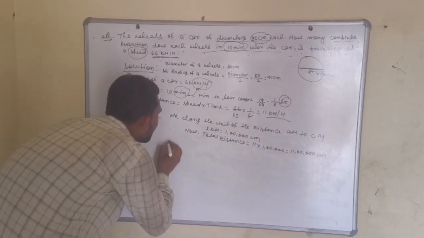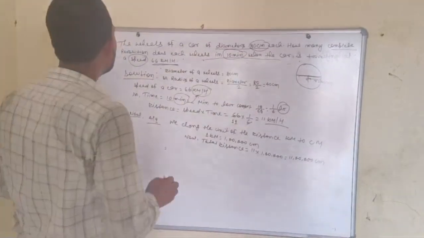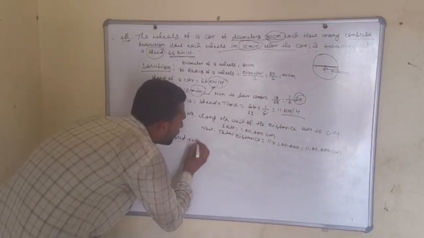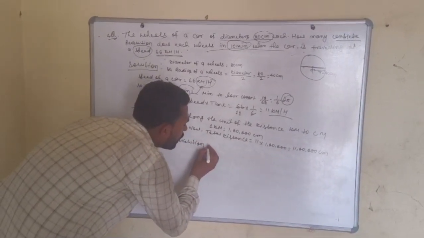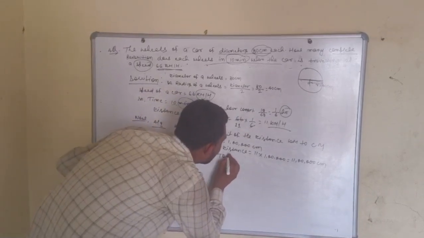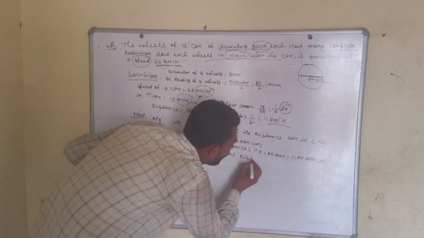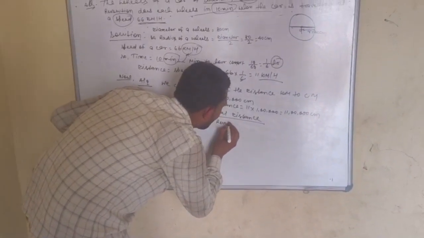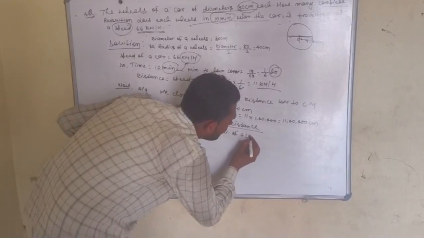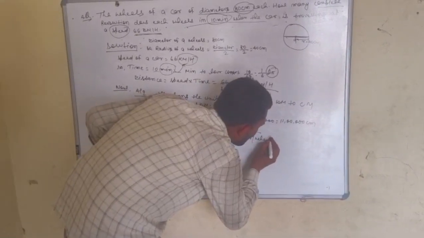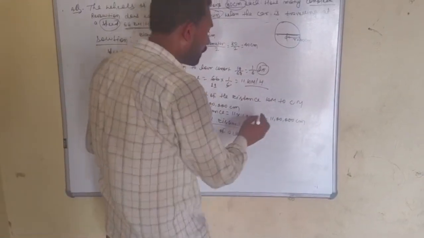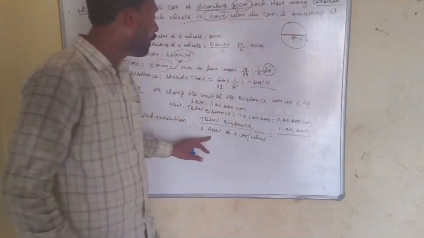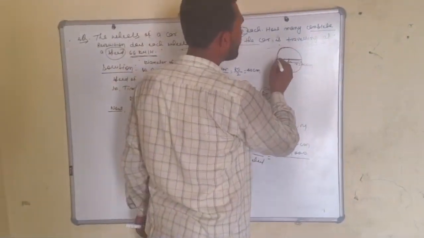How many complete revolutions? Complete revolutions equal total distance upon the distance of 1 revolution of a car wheel. 11 lakhs upon 1 revolution of a car means the circle.